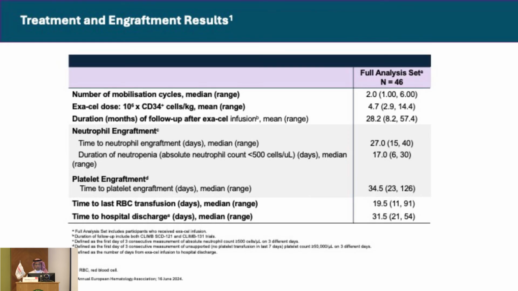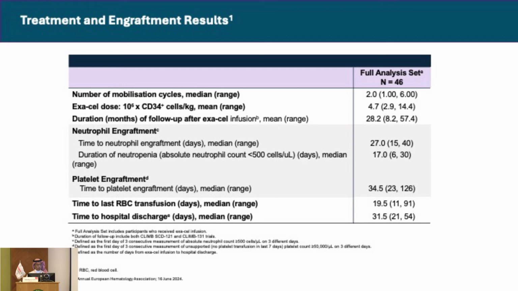Now, they required an average of 2 collections per patient, and the average stem cell dose is 4.7 million per kilo, and the follow-up was an average of around 28 months. The time of engraftment is 27 days for neutrophils, and platelet engraftment 34 days.